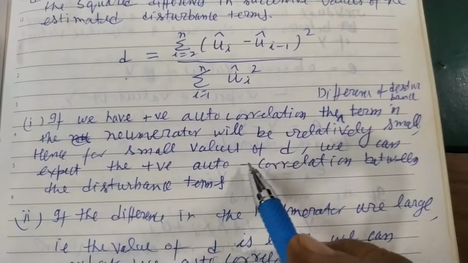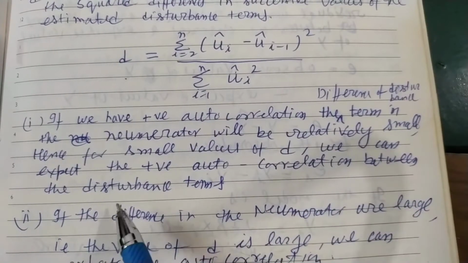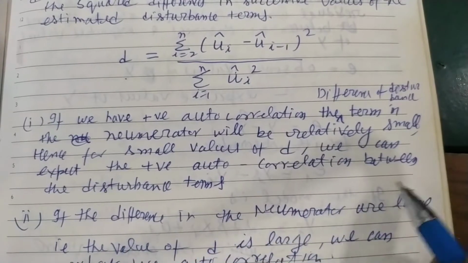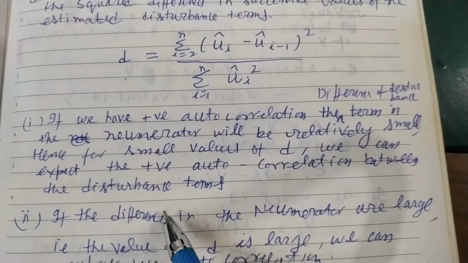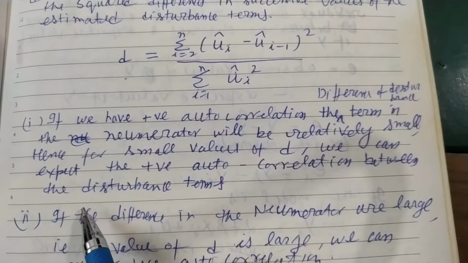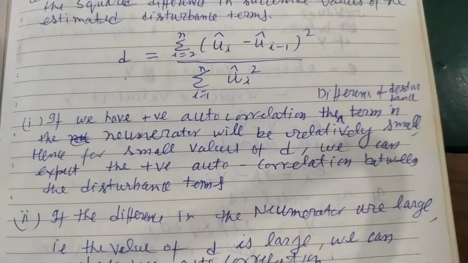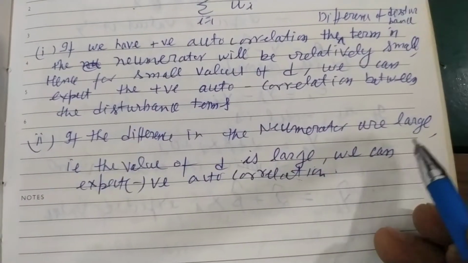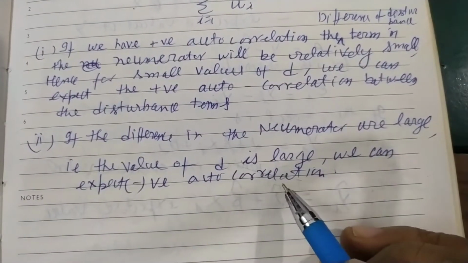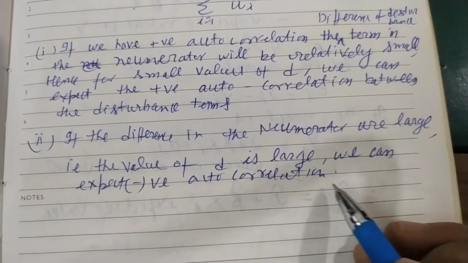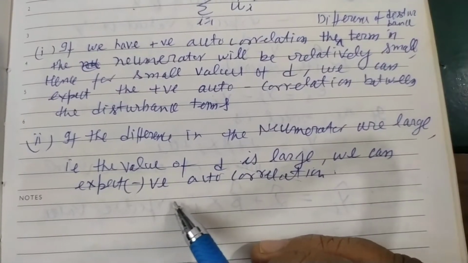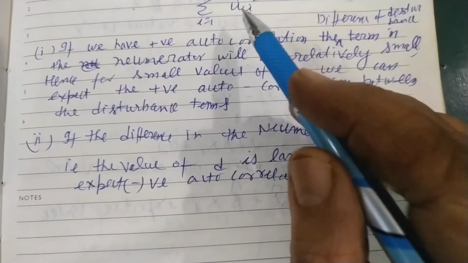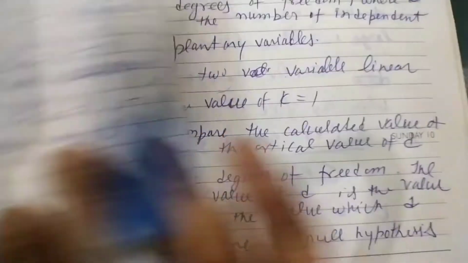Hence, for a small value of d, we can accept positive autocorrelation between the disturbance terms. Second, if the differences in the numerator are large, the value of d is large, and we can accept negative autocorrelation because it is divided by a large value.